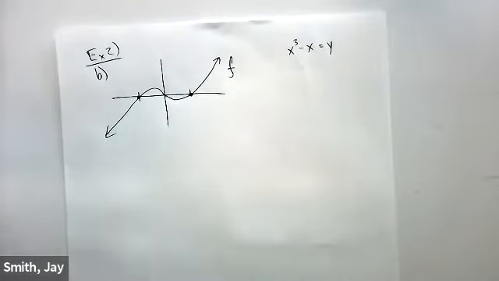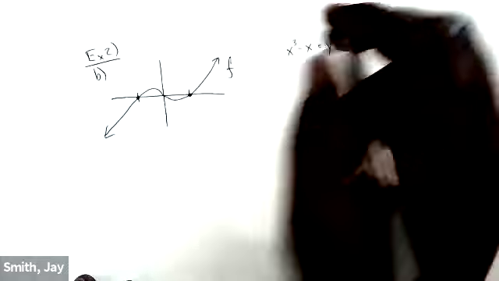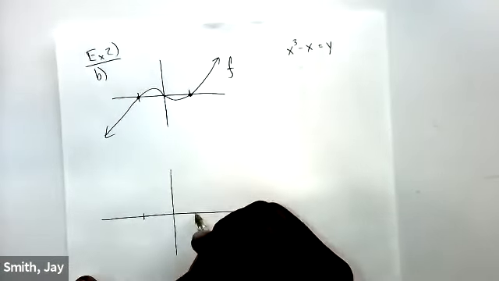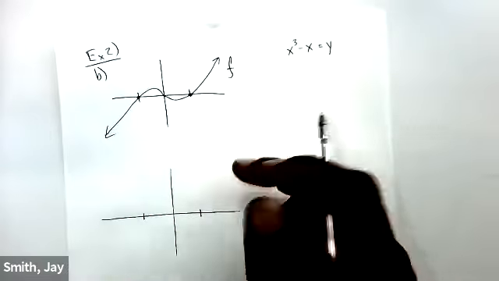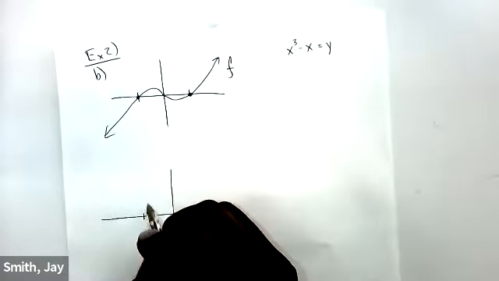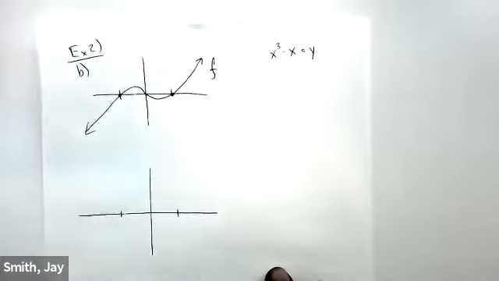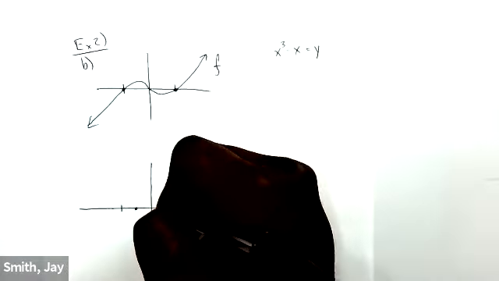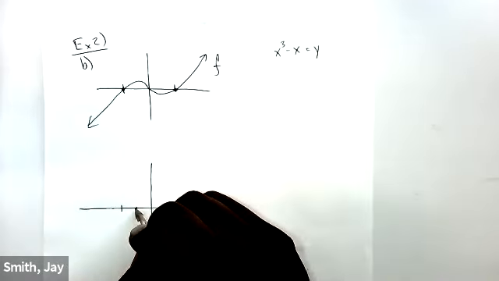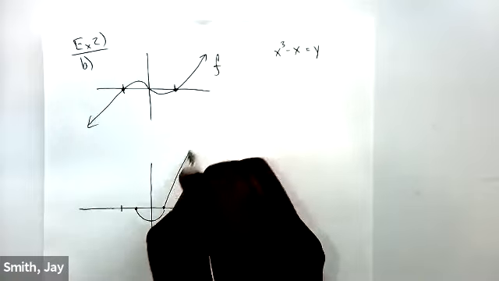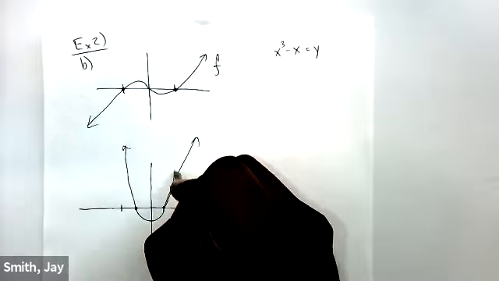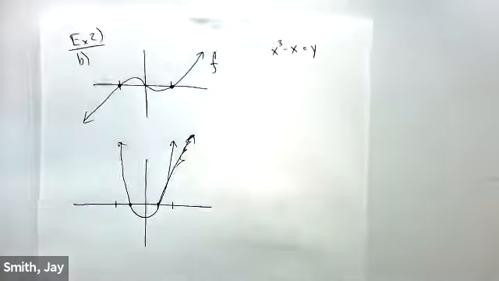All right. And then we have the graph of our derivative, which we found to be 3x squared minus 1. All right. So the sketch of that graph. So very ugly parabolas. But the sketch of that graph looks like so.